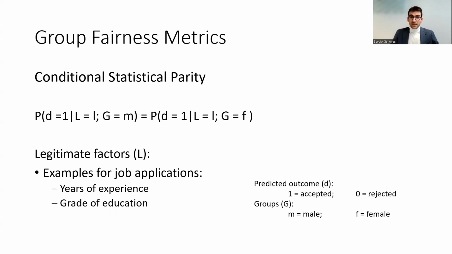In contrast, another type of data output distribution comparison is conditional statistical parity.